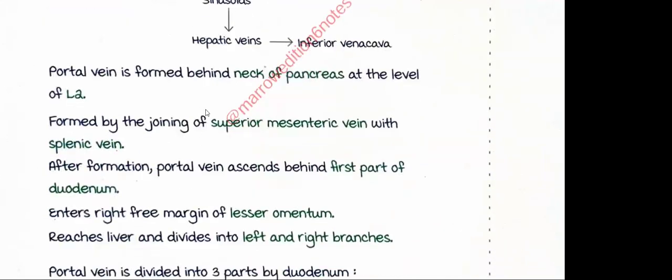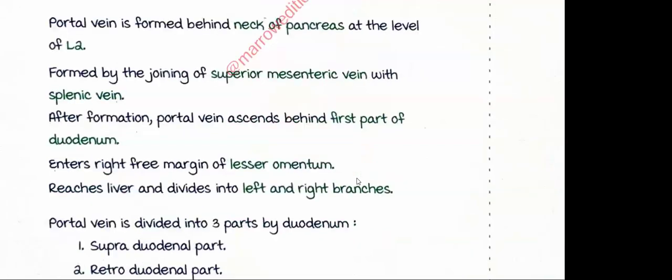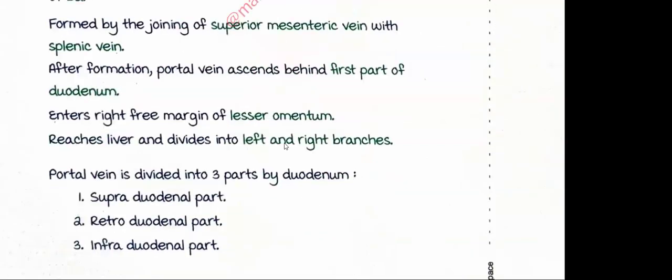Portal vein is formed behind neck of pancreas at the level of L2, by the joining of superior mesenteric vein with the splenic vein. After formation, portal vein ascends behind first part of duodenum, enters right free margin of lesser omentum, reaches liver and divides into left and right branches.